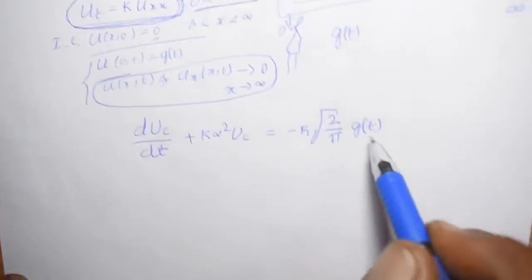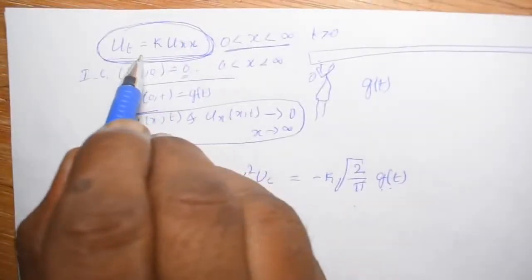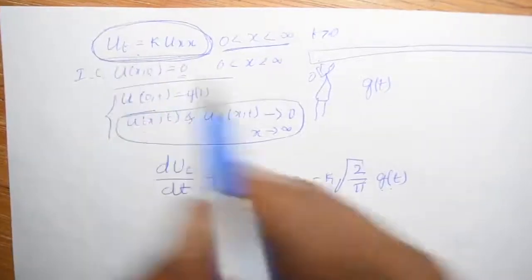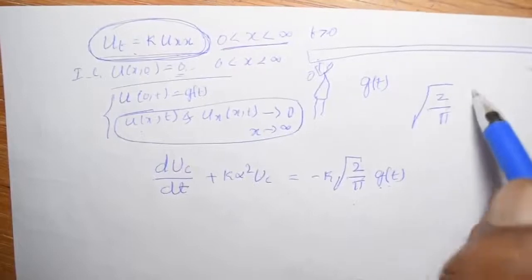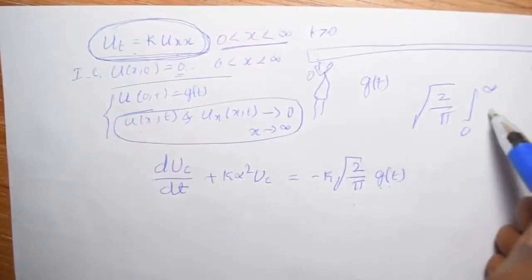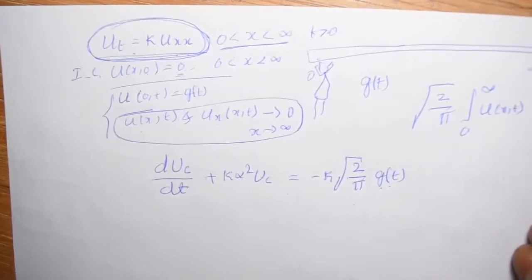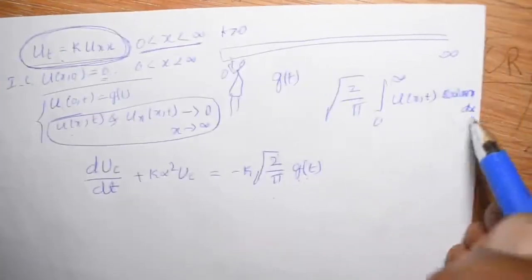You can find this differential equation after applying the Fourier cosine transformation on both sides of this equation. You know the Fourier cosine transformation is square root of 2 by pi into the integration from 0 to infinity of u of x comma t into cos alpha x into dx.